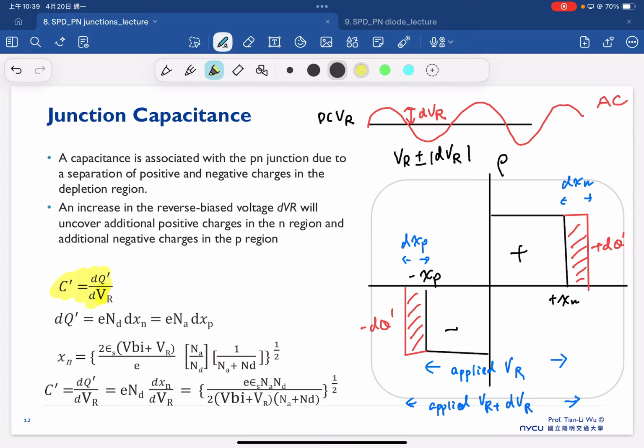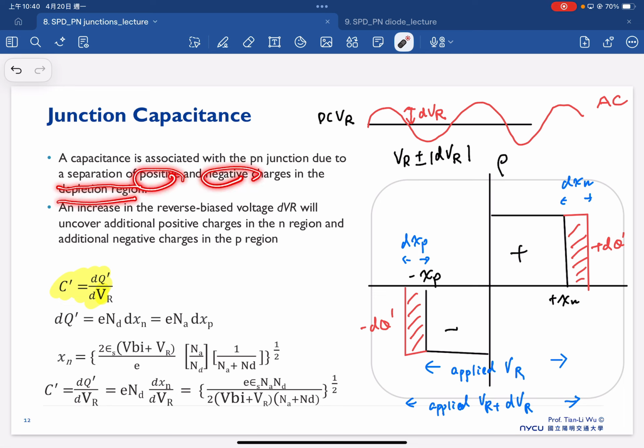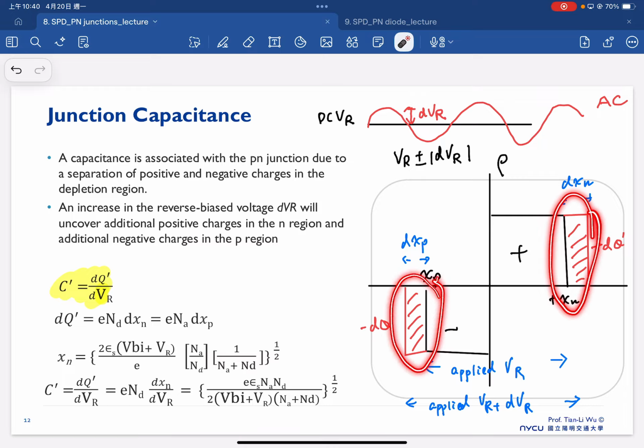That's what we call the junction capacitance, because this is a capacitance between the P and N sides of the junction. A capacitance is associated with the PN junction due to a separation of the positive and negative charge in the depletion region.